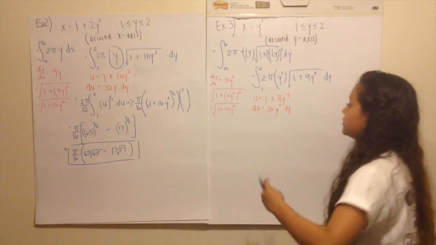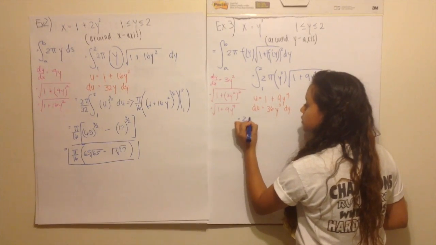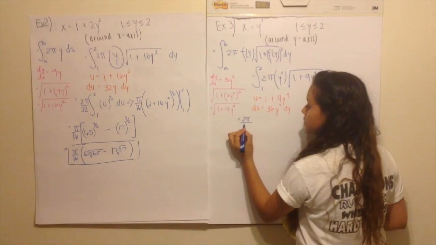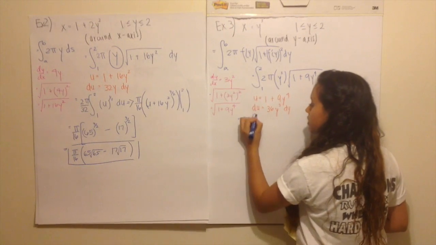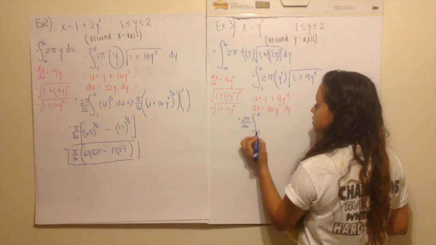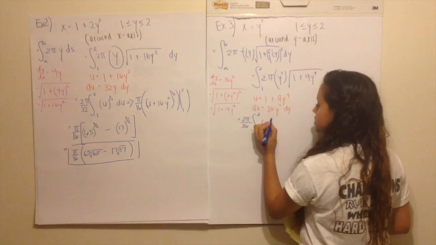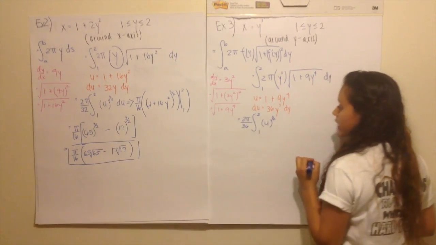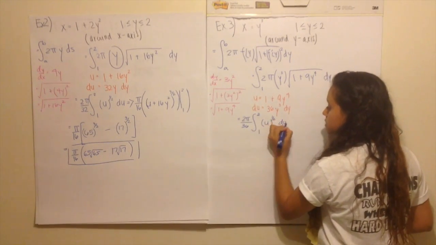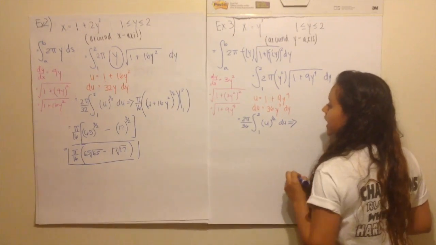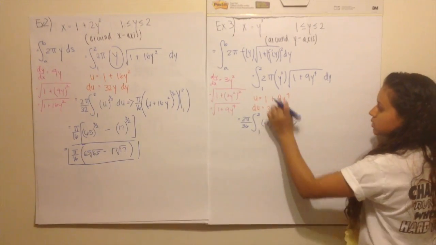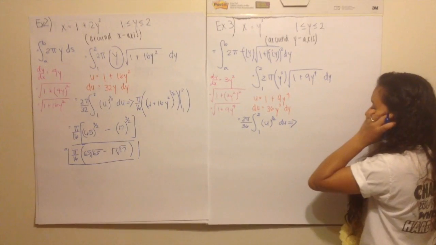Since that works out perfectly well, we take out our 2 pi, which would be over 36, integral from 1 to 2, and that would be just u to the half power du. And now we plug in what was u.